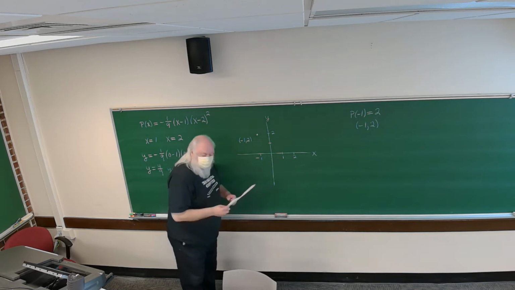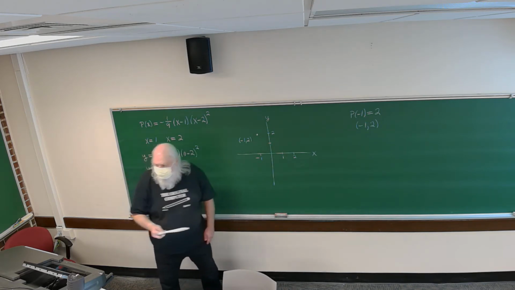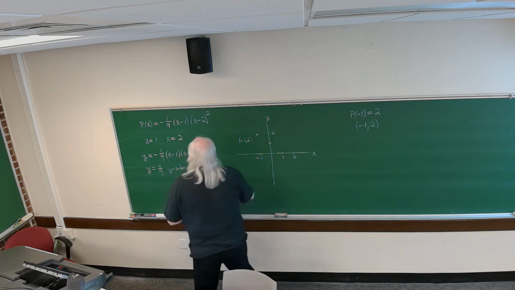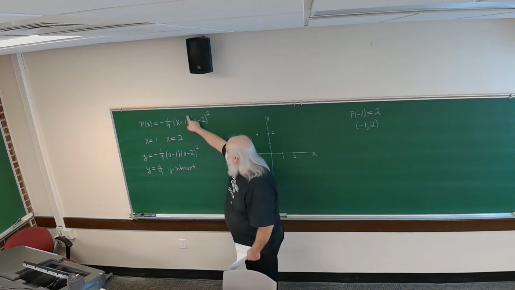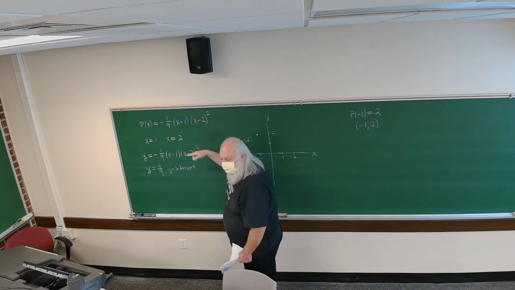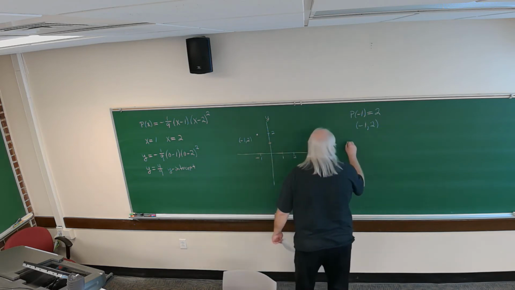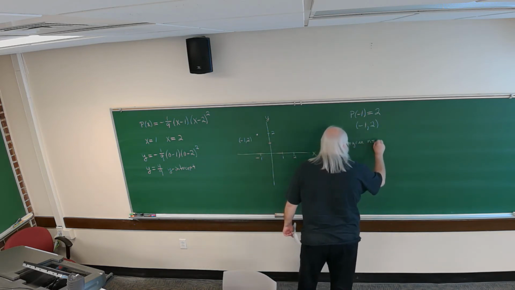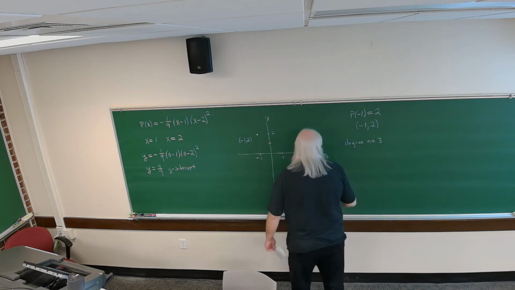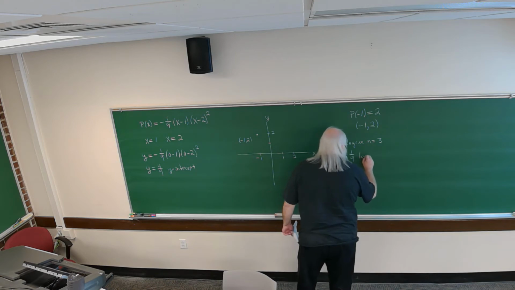I don't think we had discussed the end behavior in the graph of this thing yesterday. What's the degree of this polynomial? 3. You just add the exponents, the multiplicities. 1 plus 2 is equal to 3. So the degree n is equal to 3. And the leading coefficient is minus 1/9.